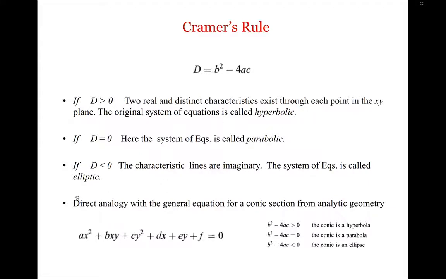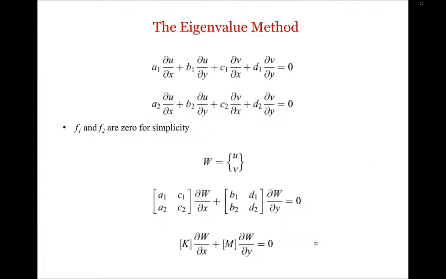The system is known as elliptic. In case of a conic, for example, ax square plus bxy plus cy square plus dx plus ey plus f equals 0, b square minus 4ac is greater than 0 for hyperbolic, equals 0 for parabolic, and less than 0 for elliptic.